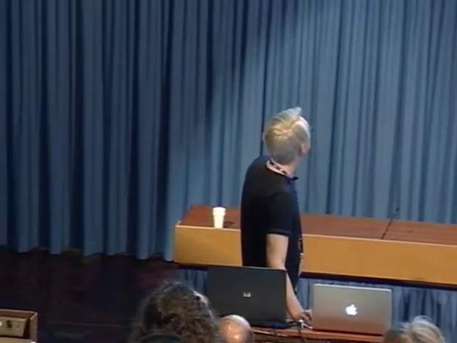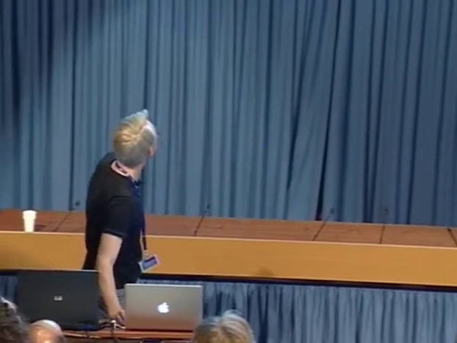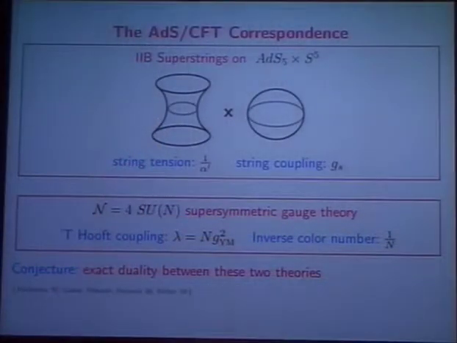So anyway, I hope most of you know about this correspondence. It holds that type IIB superstrings on AdS5 x S5 are exactly dual to this gauge theory. This was conjectured in 1997 by Maldacena and then elaborated by Gubser, Klebanov, and Polyakov, and by Witten, and it all incorporates important early ideas by Polyakov and Igor Klebanov.